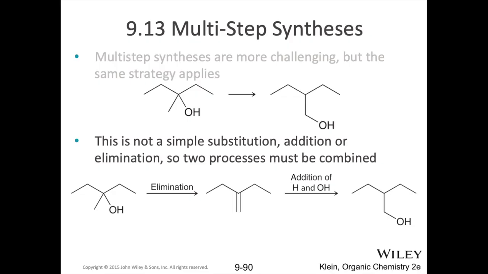All right, so let's try another one here. So here we've got this alcohol group that we're moving to this carbon over here. Okay, now we've already learned a new technique on how to do this, how to move a functional group. Doing an elimination reaction and an addition reaction will cause a functional group essentially to move.